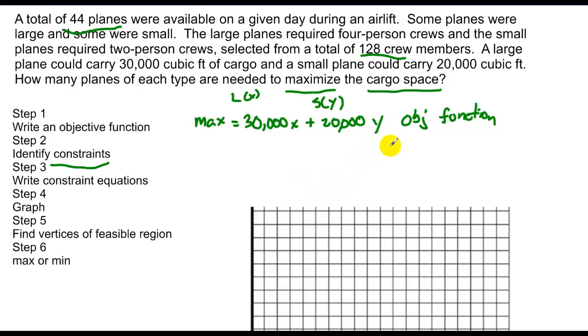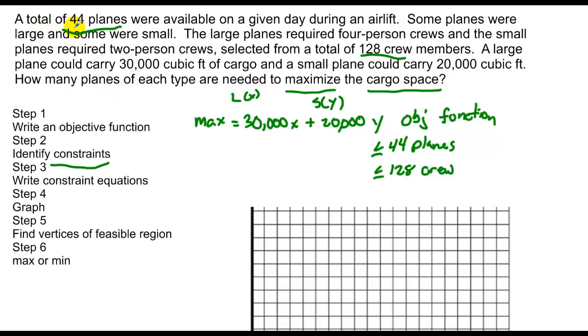So I've got 44 planes I can use and 128 crew. Now, I know I can't go over either one of these, so I must be less than or equal in both cases.